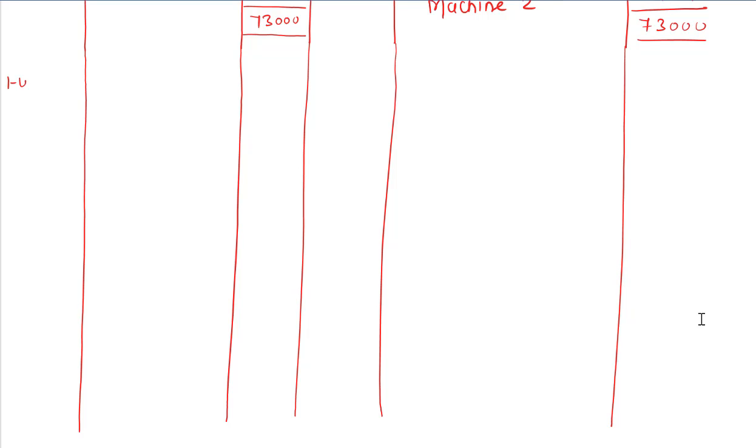Opening balance 1st of April 2017. To balance brought down, machine 1, machine 2. Machine 1 is 48,600. Machine 2 is 17,100.